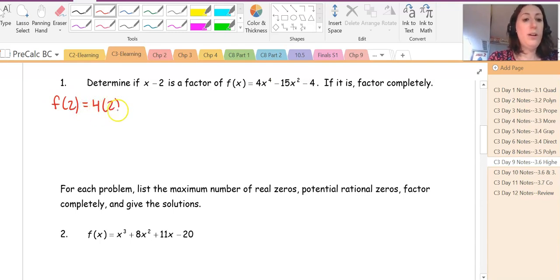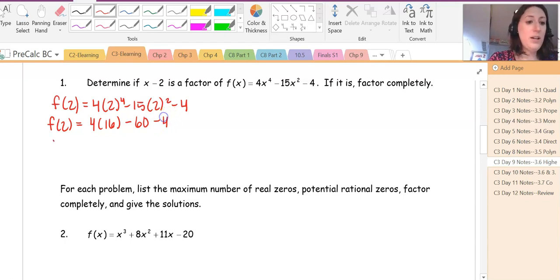So 4 times 2 to the fourth minus 15 times 2 squared minus 4. So that would be 4 times 16 minus 60, right? 15 times 4, minus 4. And that's going to be 64 minus 60 minus 4, which is 0. So this is a yes.